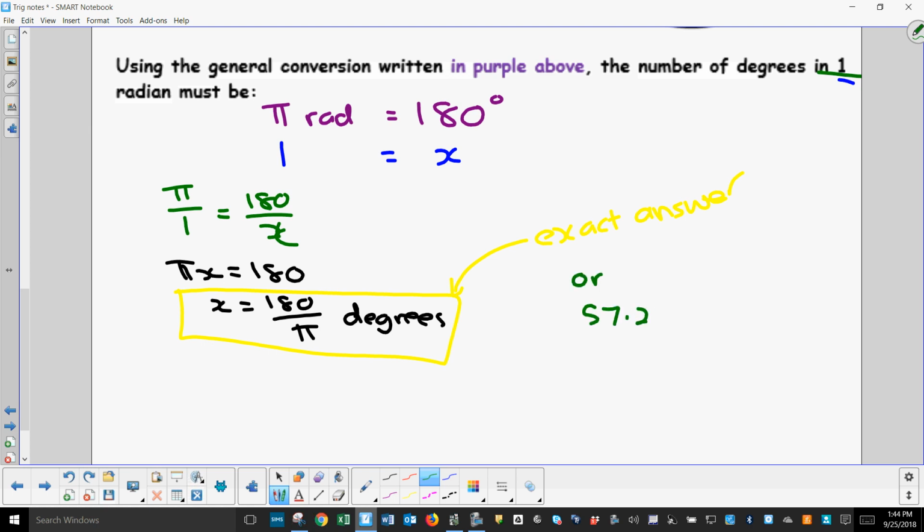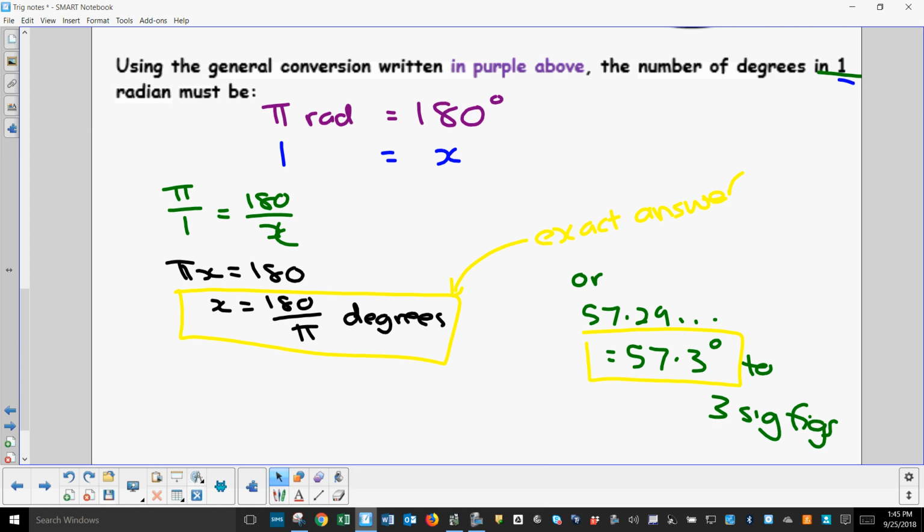That equals 57.3 degrees to 3 sig figs. So there you go, that makes sense. According to our picture above, the little slice, the little radian that I drew up there, is around about 57 degrees. So 1 radian is around 57.3 degrees. That's a rounded answer. An exact answer would be 180 over pi.